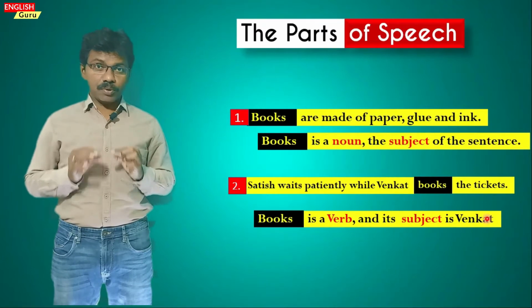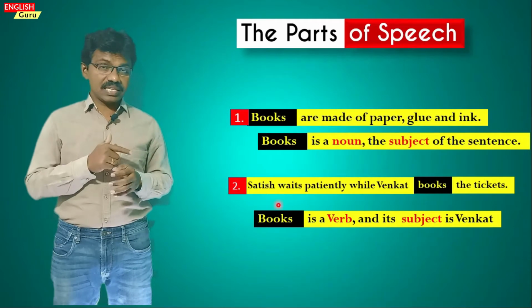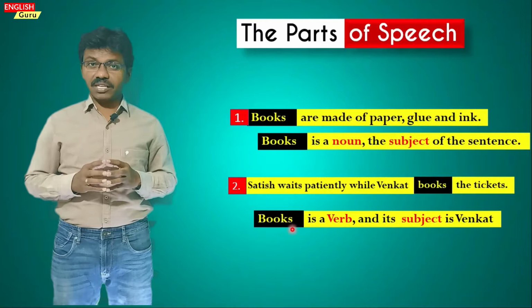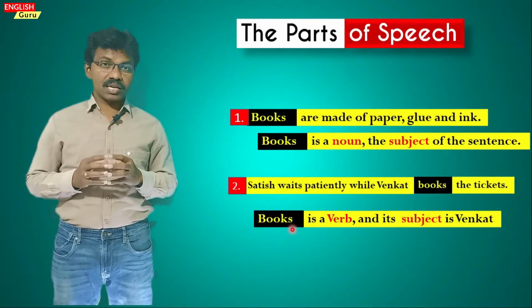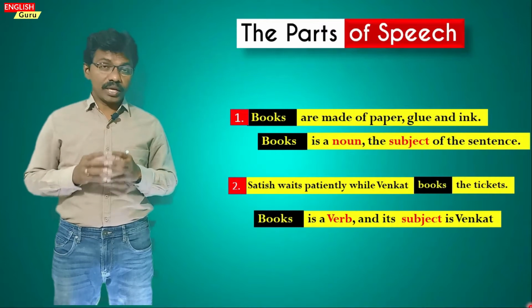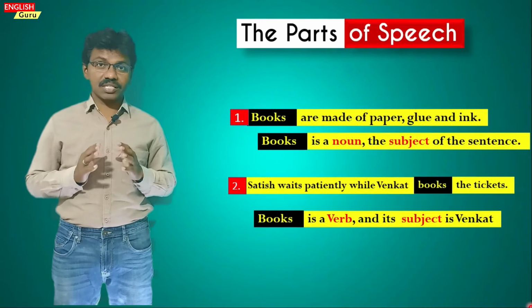So the same word books in the first sentence is a noun, whereas in the second sentence it is a verb. So we can understand from these examples that we cannot decide the parts of speech of a particular word in isolation. We can only know the parts of speech of any word by its usage in a sentence.